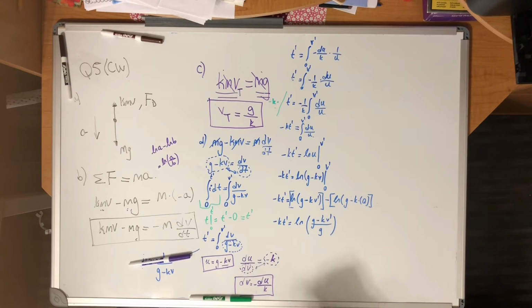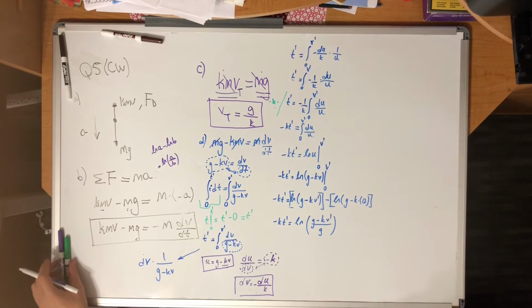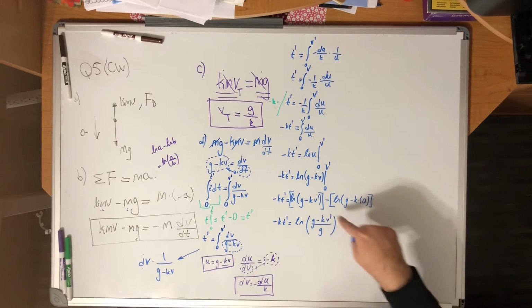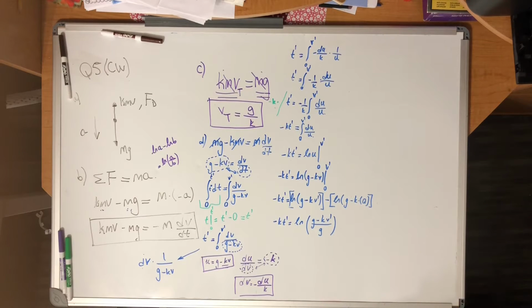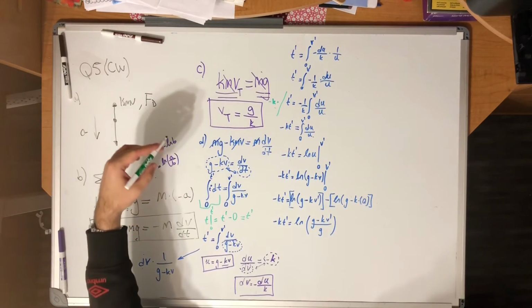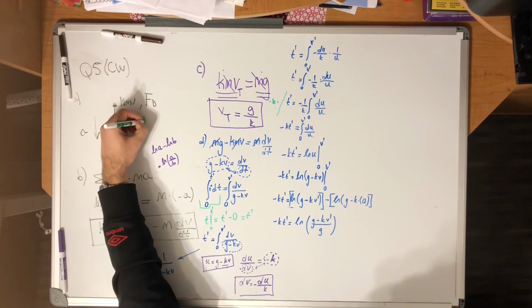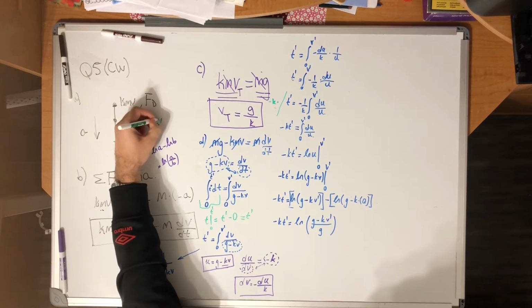And now I need to get rid of this ln function, and to be able to get rid of the ln function, again, we're going to use another property of logarithmic functions. To be able to get rid of ln, you need to take this as a power of e, because mathematically, e to the power ln x is going to give you x.